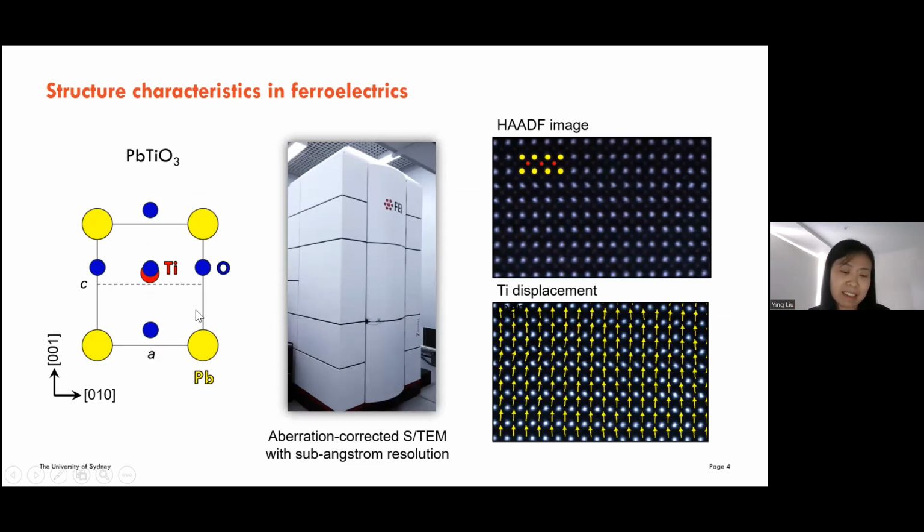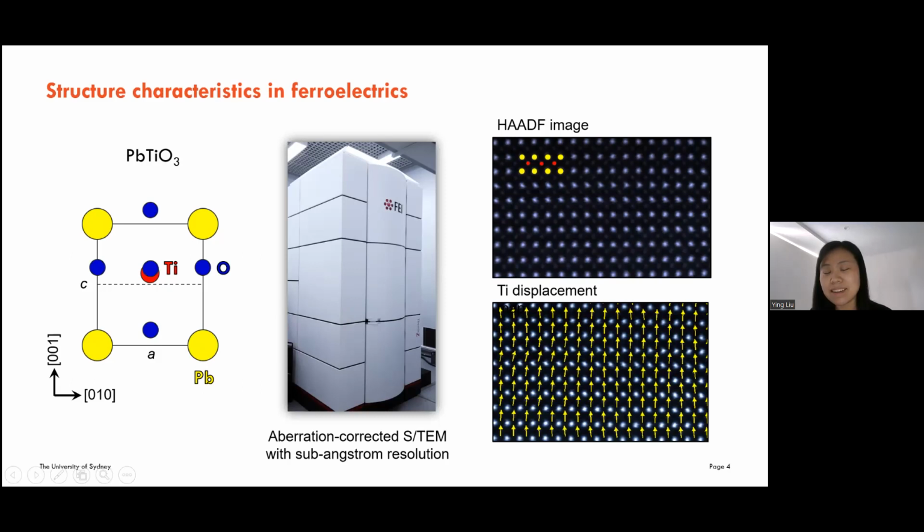From this model, we can see that lead, here in yellow, and titanium, here in red, are displaced away from the center of the oxygen octahedra. This displacement gives rise to the spontaneous polarization of lead titanate, and it can be directly determined using aberration-corrected TEM.